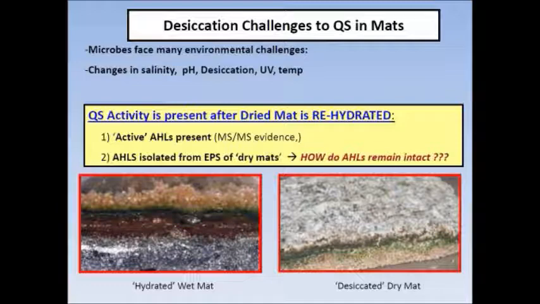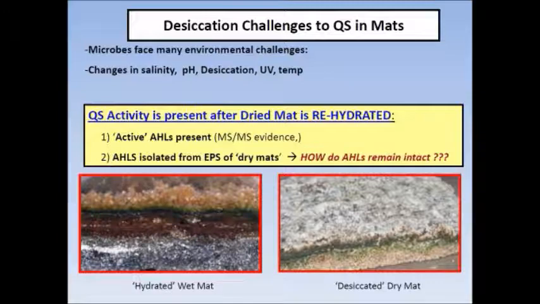When these same mats become very dry, as shown on the right, they have a lot of salt, which forms concretions on the top. The bacteria are completely dried up and remain so for months at a time.